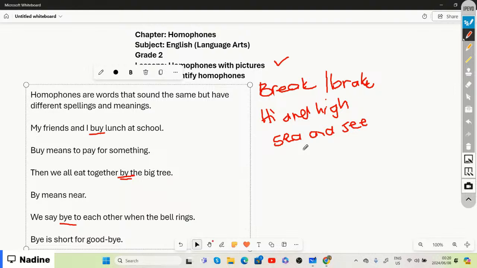All right. And if we look at more words that are homophones, think of this one that says I, which is like I, me, myself, and I. And this one, eye.